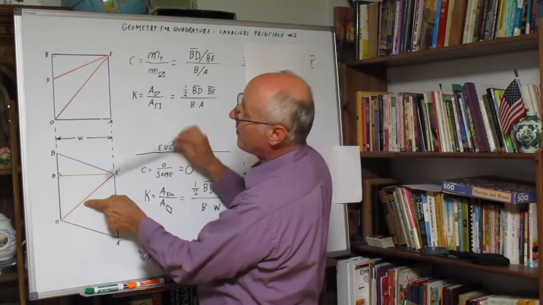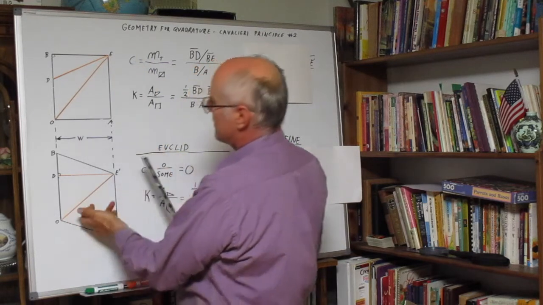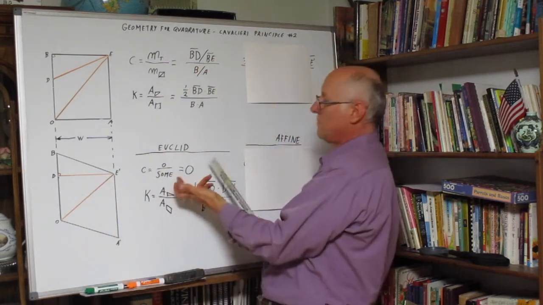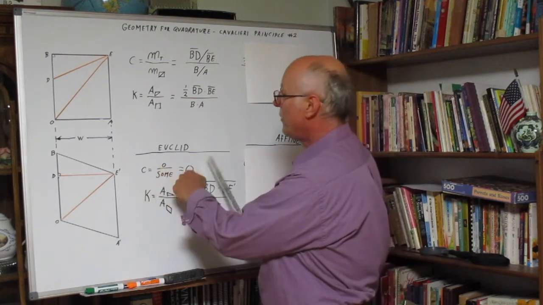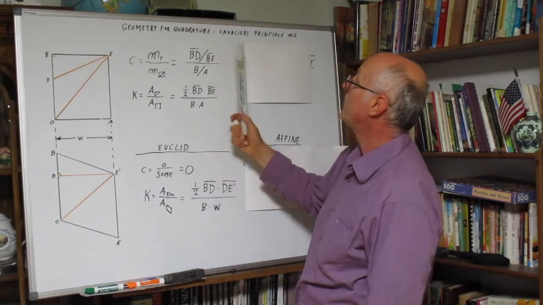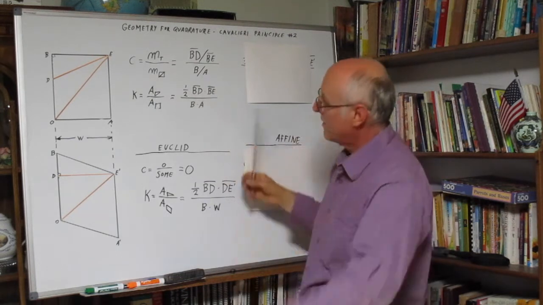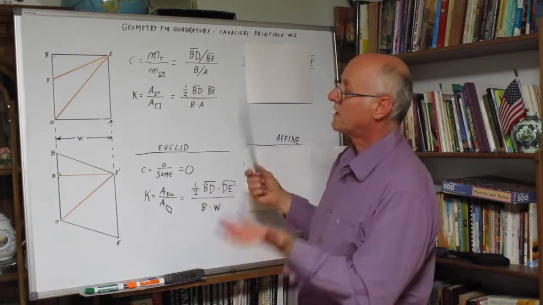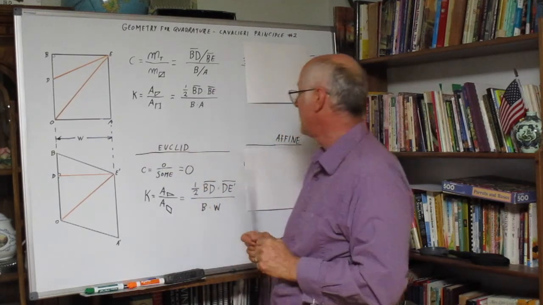This slope here, yes, you can see that it's less steep, but it's 0 over something, so the ratio is 0. Here the ratio was BD over BE over B over A, right? But things have changed from a Euclidean perspective.